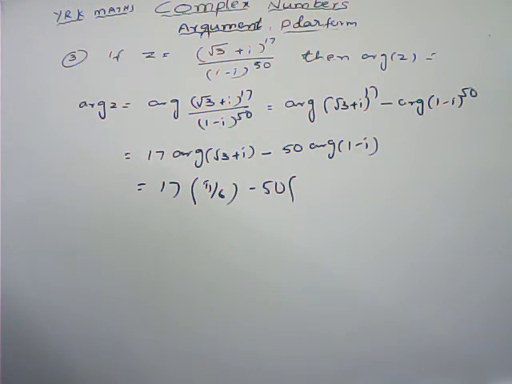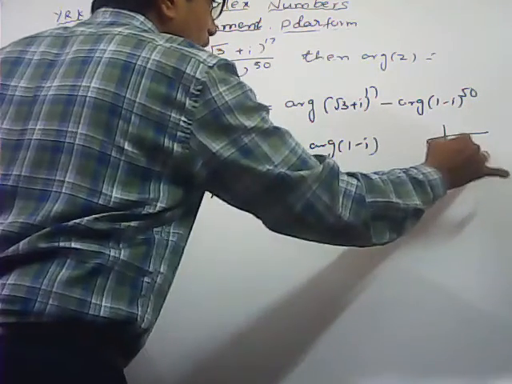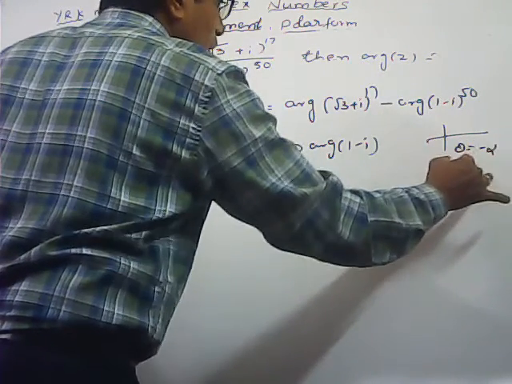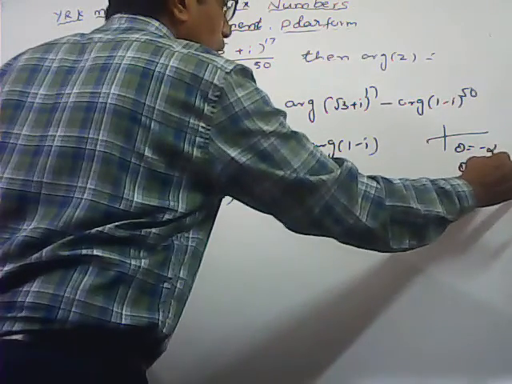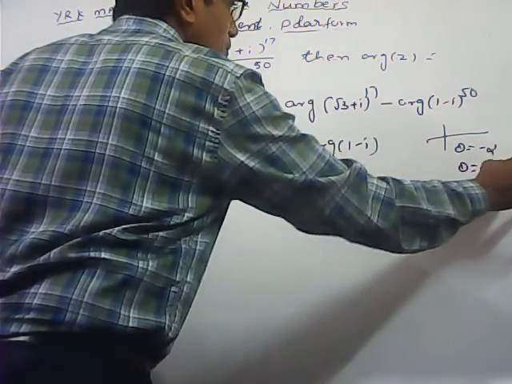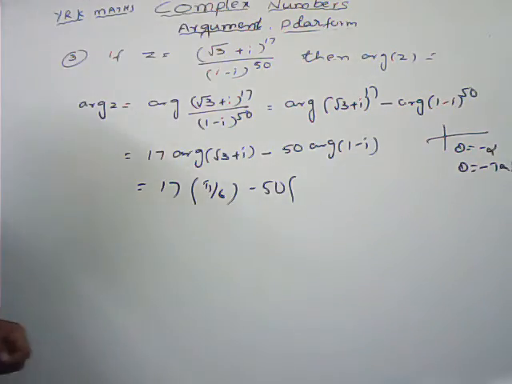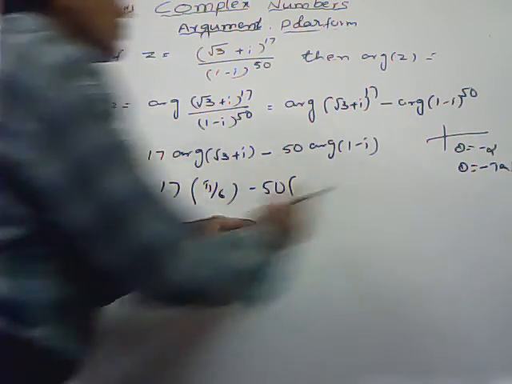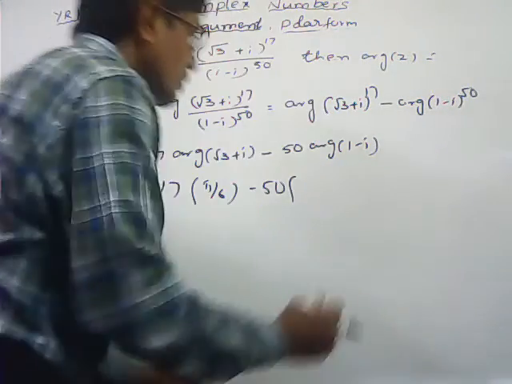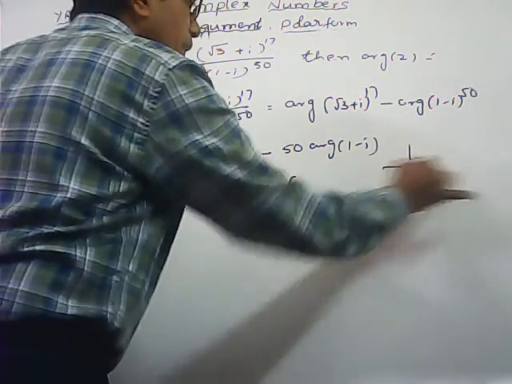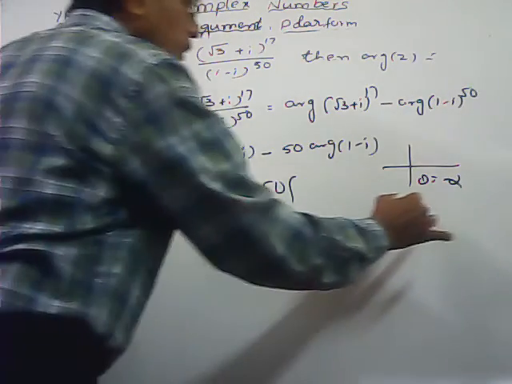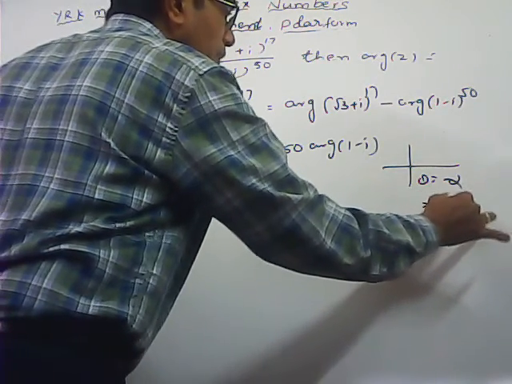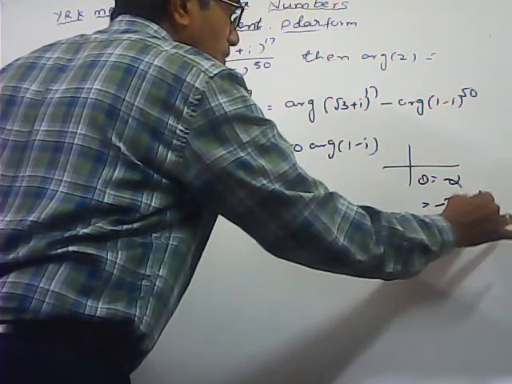here 1 minus i belongs to the fourth quadrant. In the fourth quadrant, what about the argument? Theta is equal to minus alpha, and alpha is tan inverse modulus of y by x.